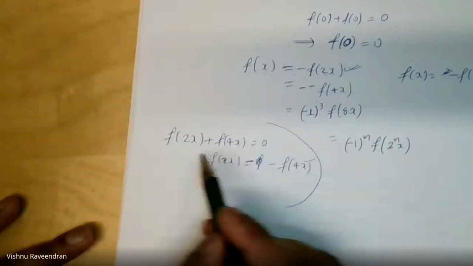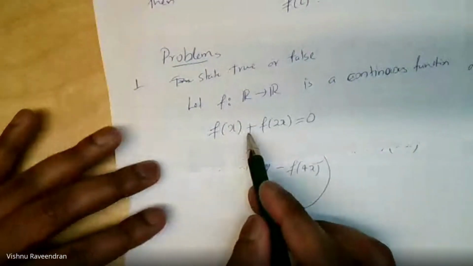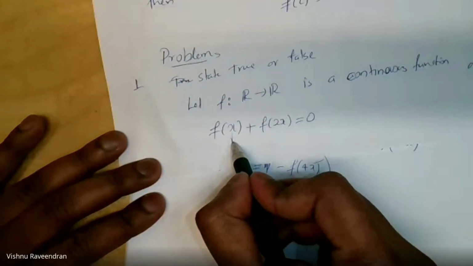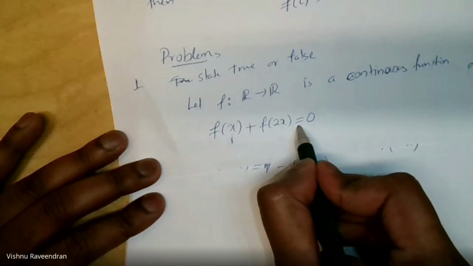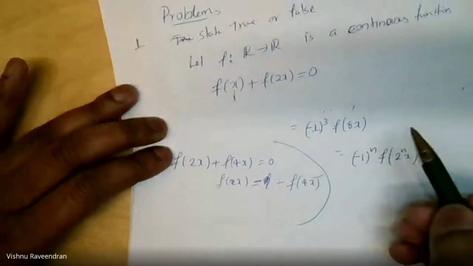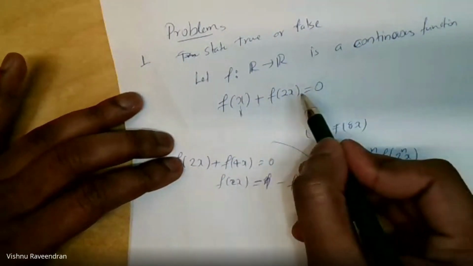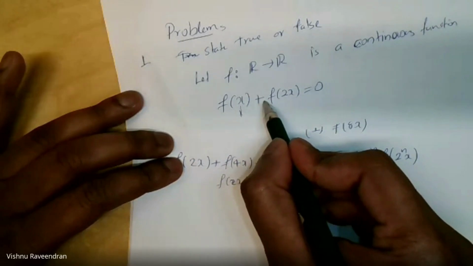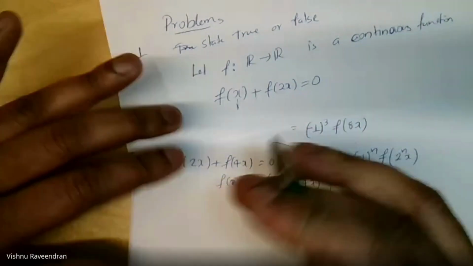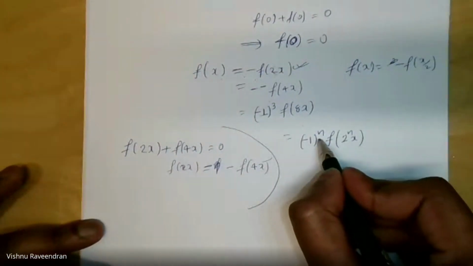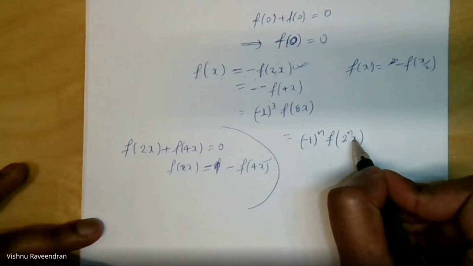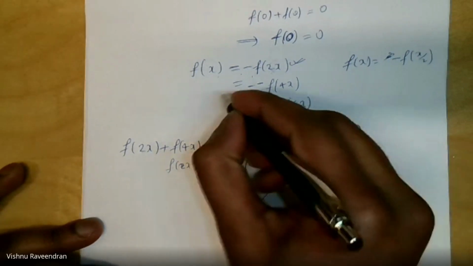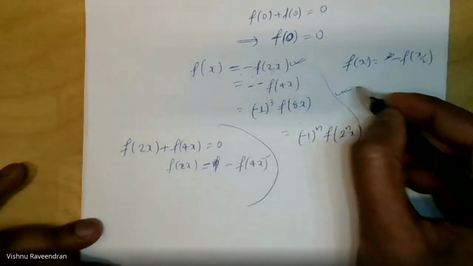Then in our equation I replace x by 2x, so I get f of 2x equal to minus f of 4x. Then I replace x by 4x, so I get f of 4x equal to minus f of 8x. If I do this continuously, I will get f of x equal to (-1)^n f of 2^n x. So this is one observation you can make from here.